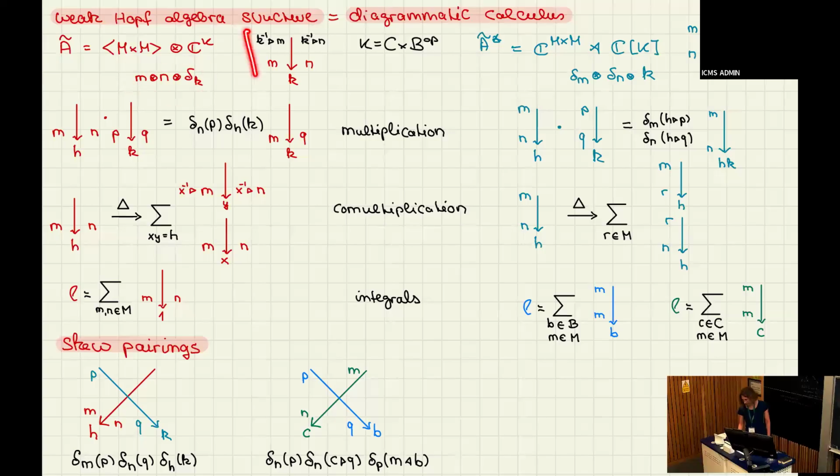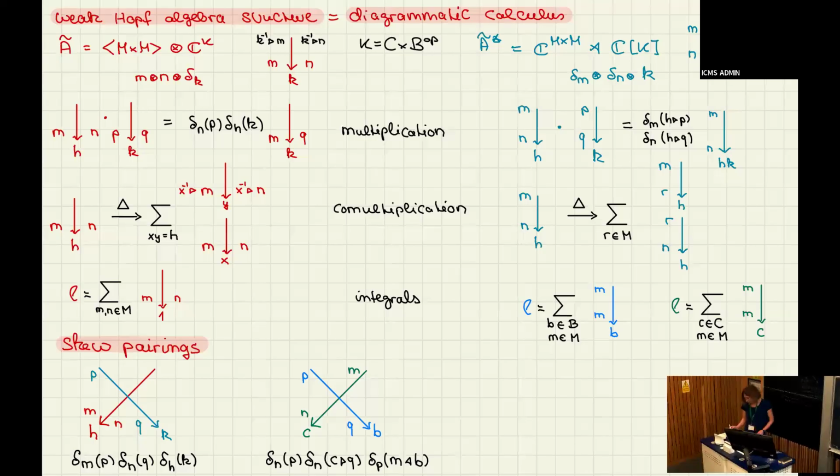We can visualize them by a red line, where we put this element at the tip of the arrow, and the elements in M times N we put to the left and to the right. And then at the starting point, one just puts the ones that are obtained from N and M by acting with this K. Here K is the product of the groups C and B op.